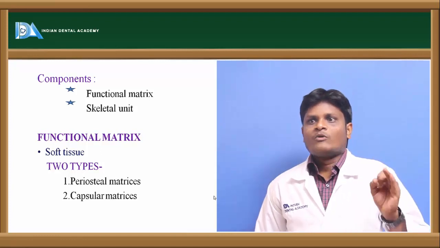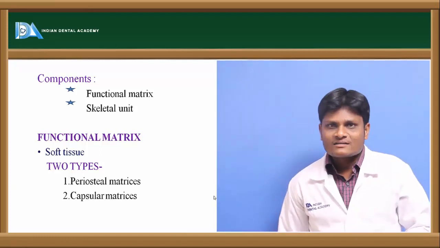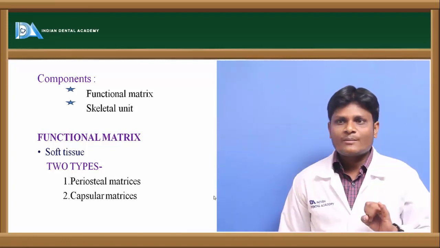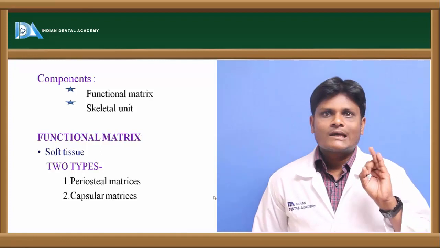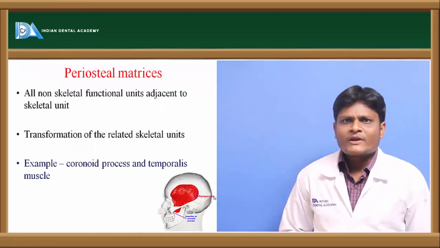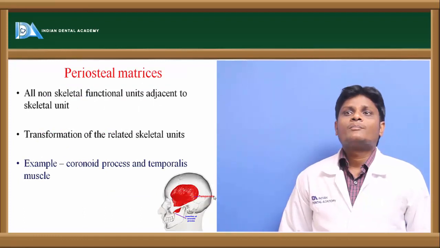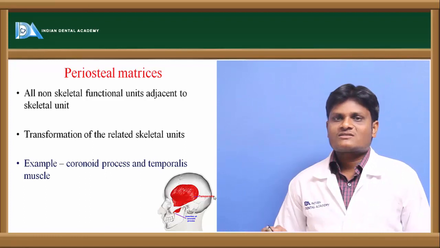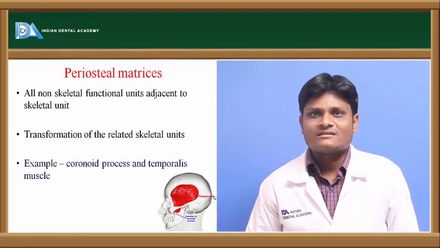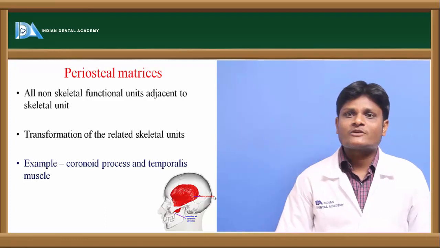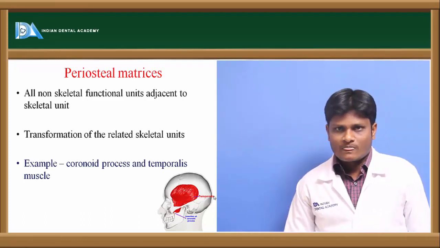Now, when we take a functional matrix, again it has two components in it. One is the periosteal matrix, another one is the capsular matrix. Now, what are the periosteal matrices? These are the non-osseous structures which are present adjacent to the bone and in close association with the bone.